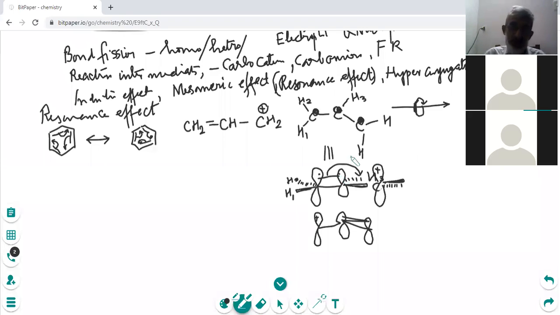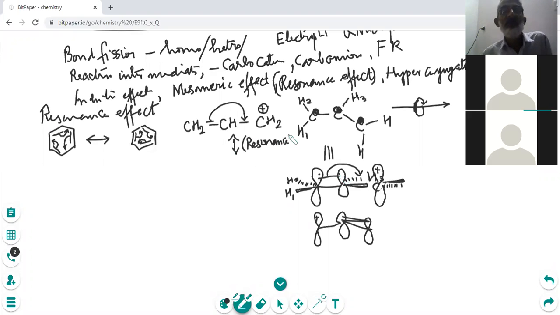There is a delocalization of positive charge, and this I can represent like this here. And this double-headed arrow is the resonance effect. So this is what is called resonance effect. So double-headed arrow means resonance.